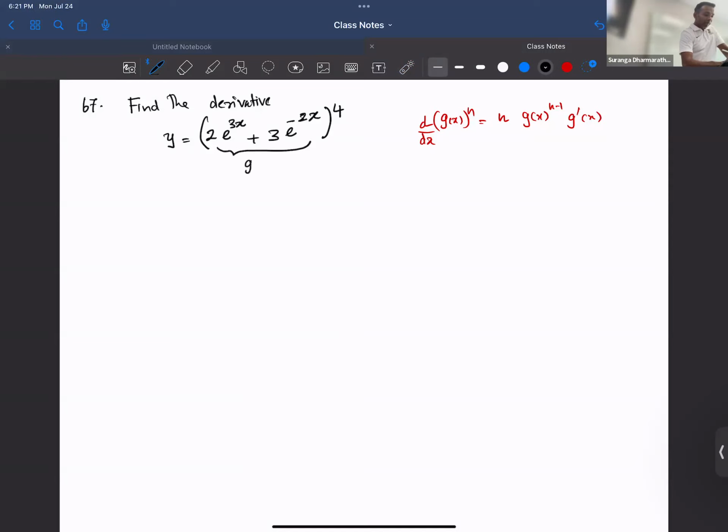So you take this as g of x. Your y prime is equal to 4 times g of x, that is 2 e to the power 3x plus 3 e to the power negative 2x, to the power 4 minus 1, and then I need d over dx of 2 times e to the power 3x plus 3 times e to the power negative 2x.